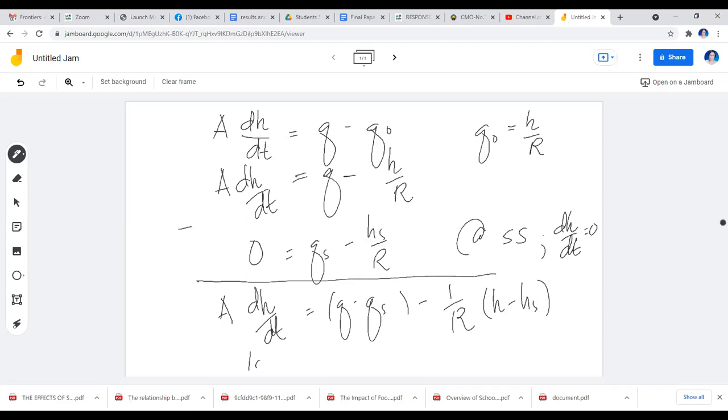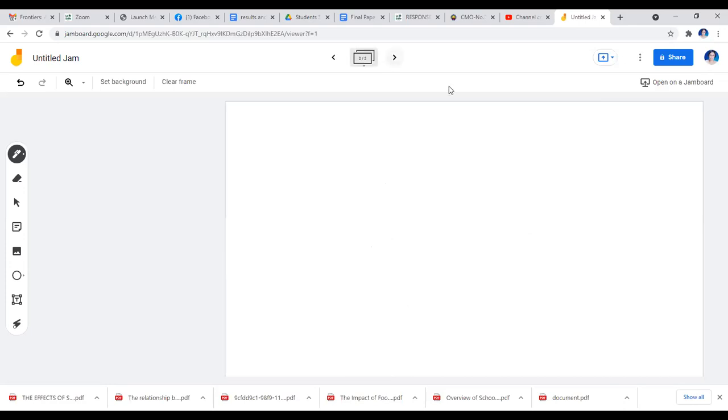So if we let capital Q to be Q minus Q sub S, all in small letters, and capital H to be H minus H sub S, this equation of yours now will be A dH dt equal to Q minus H.